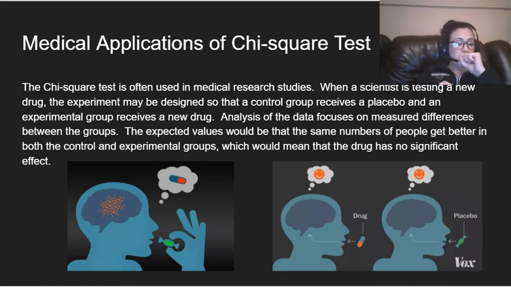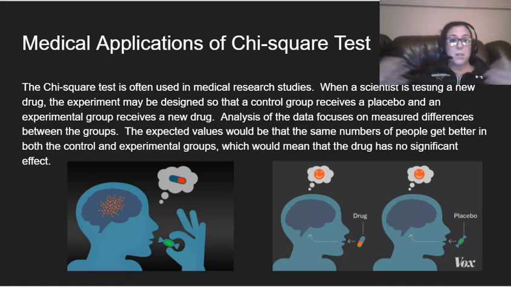So often they will give some patients a drug and they will give other patients a placebo. A placebo is something like a sugar pill or candy. It's something that the patient may think is a drug.